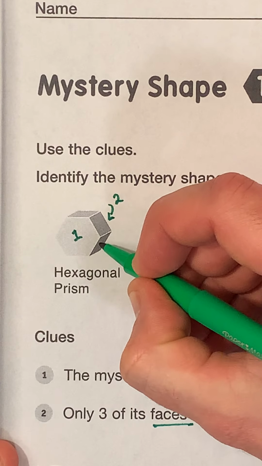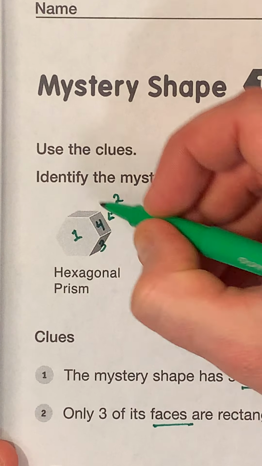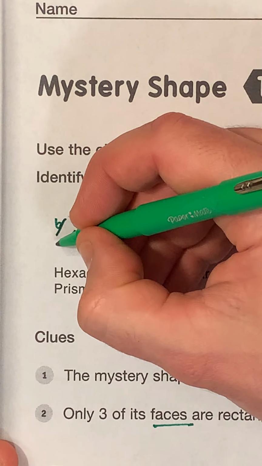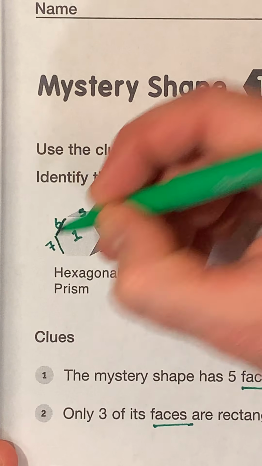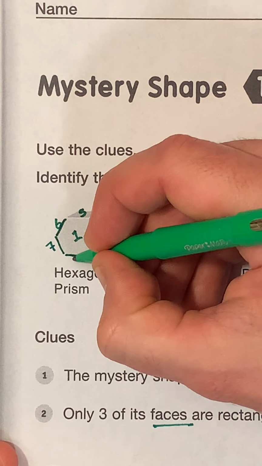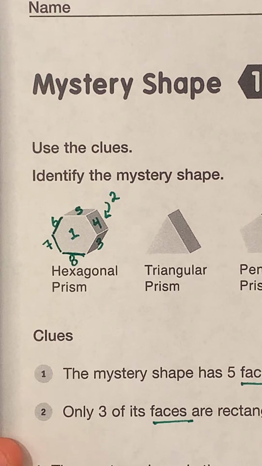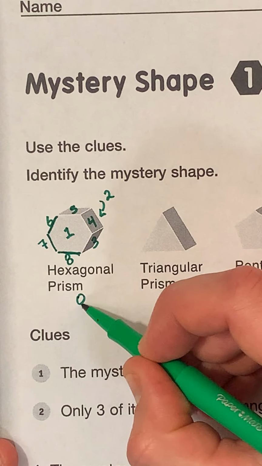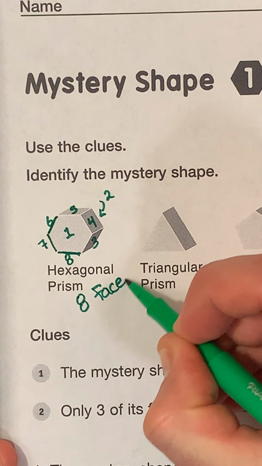So I know that this is 3, 4, 5. That's the 6th you can't see. Right here you can't see the 7th, and on the bottom there's 8. And so for a hexagonal prism, there are 8 faces.